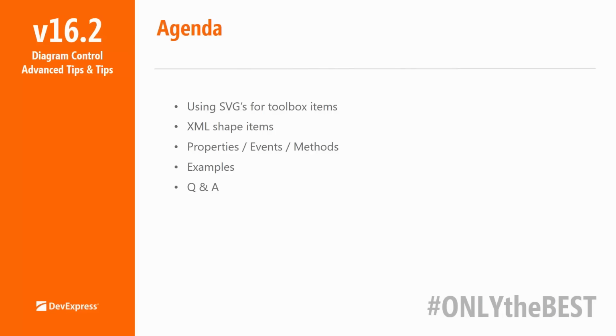What are we going to be doing? Well, we'll spend some time looking at SVGs and toolbox items and shapes, discuss how to create some XML items in your toolbox instead of SVGs, work through some property events and methods, and play with a couple of examples.